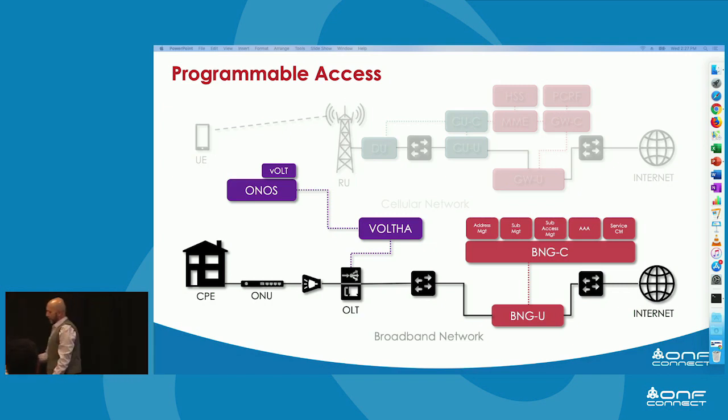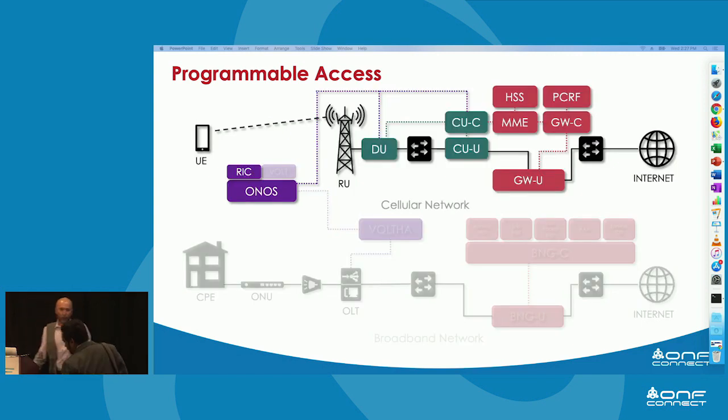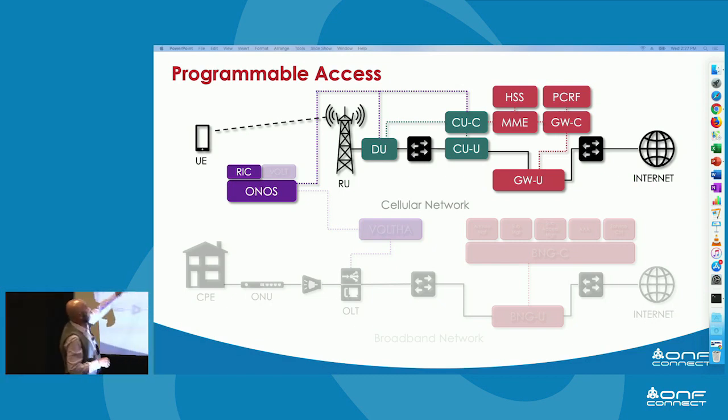Similarly, on the cellular side, I can actually use ONOS. You have probably heard me talk about this in the morning. With the appropriate add-on to ONOS, I can turn that into an SD-RAN control and add different RAN control applications on it and turn my RU and DU into programmable entities.